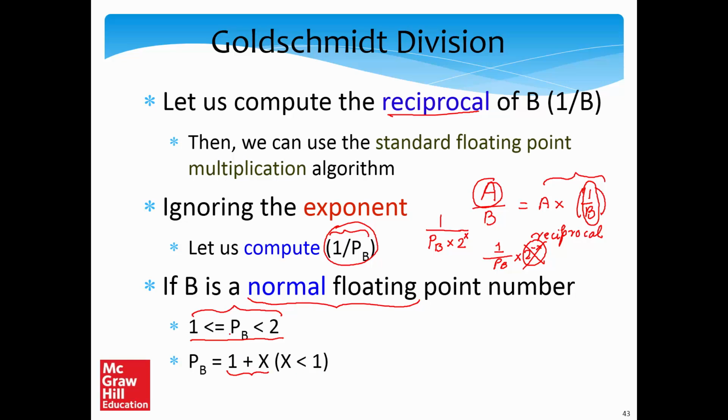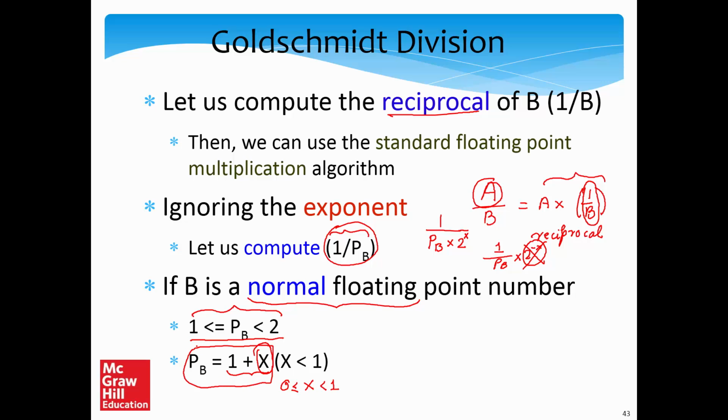So PB is between 1 and 2, and I can thus represent it in the form 1 plus x, where 0 is less than or equal to x and x itself is less than 1. So this can be done.